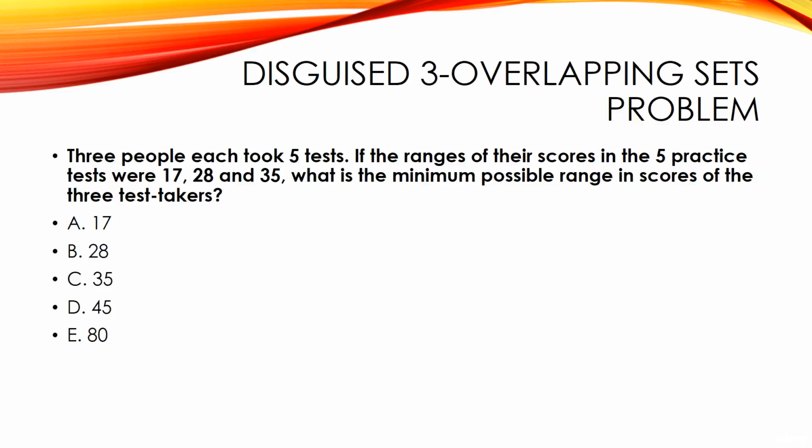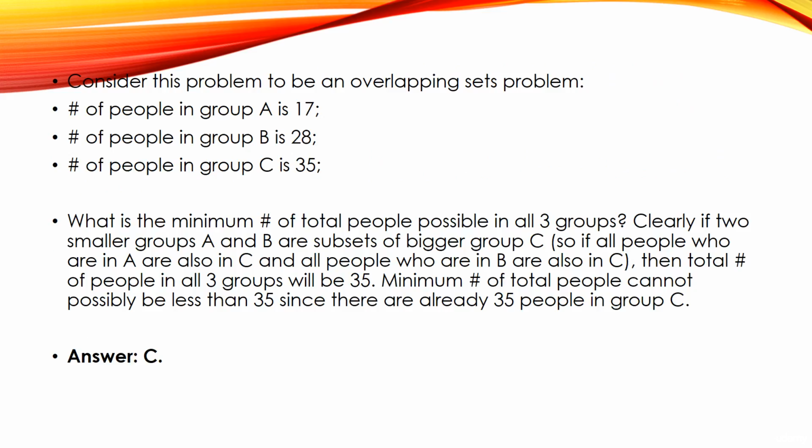Consider this problem to be an overlapping sets problem. So the number of people in group A is 17. Number of people in group B is 28. And number of people in group C is 35. What is the minimum number of total people possible in all 3 groups?